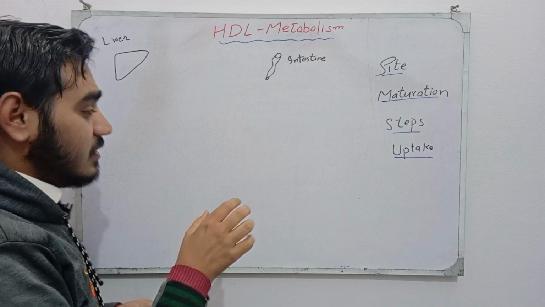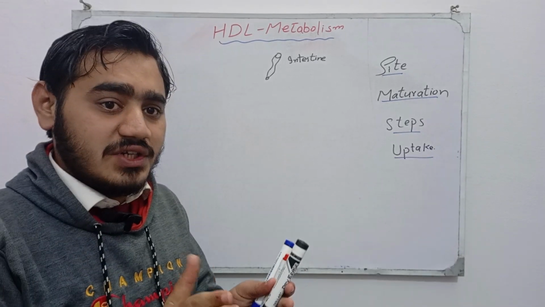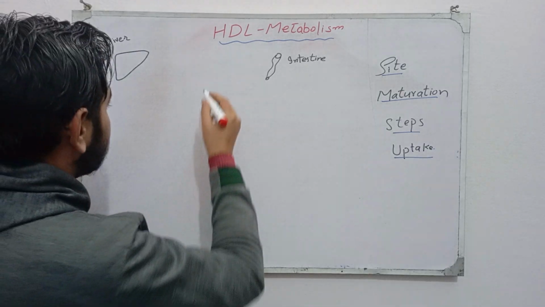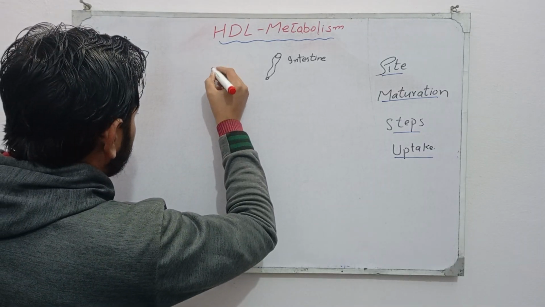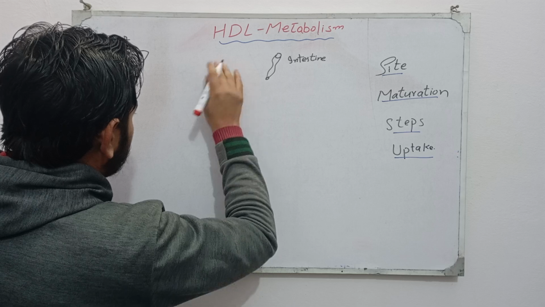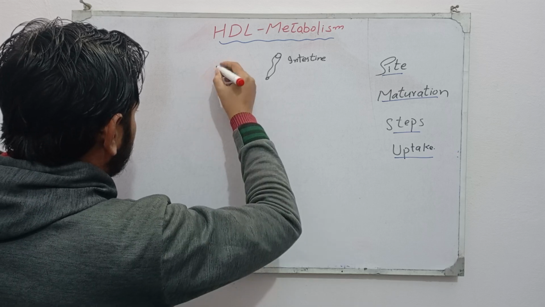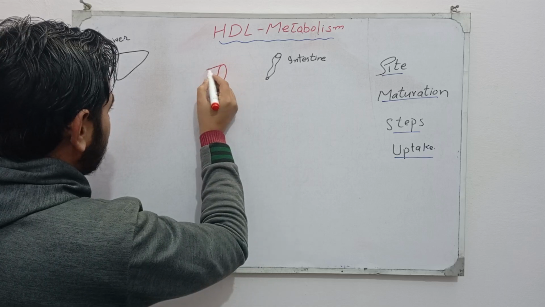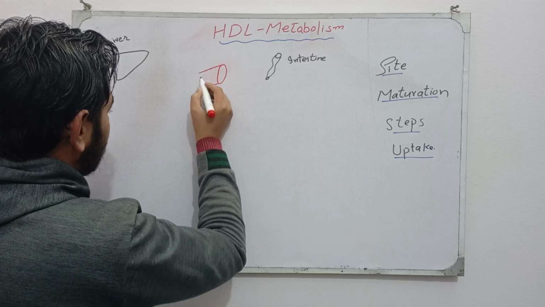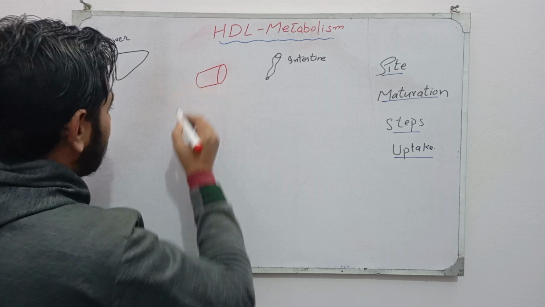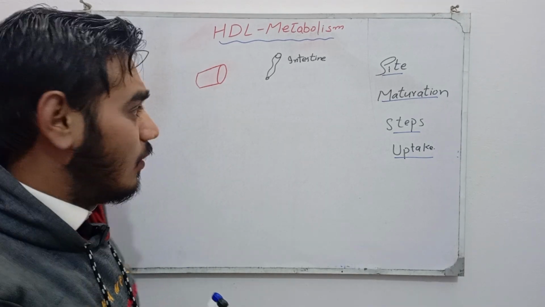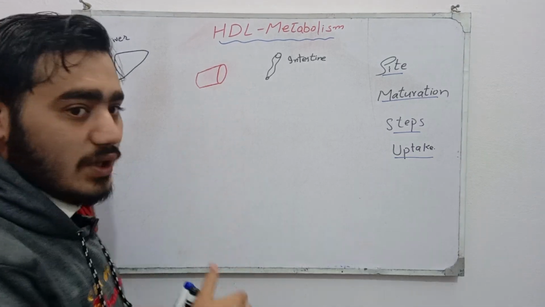But here the shape of HDL is disc-like. It is a disc-like shape of a nascent discoidal HDL.